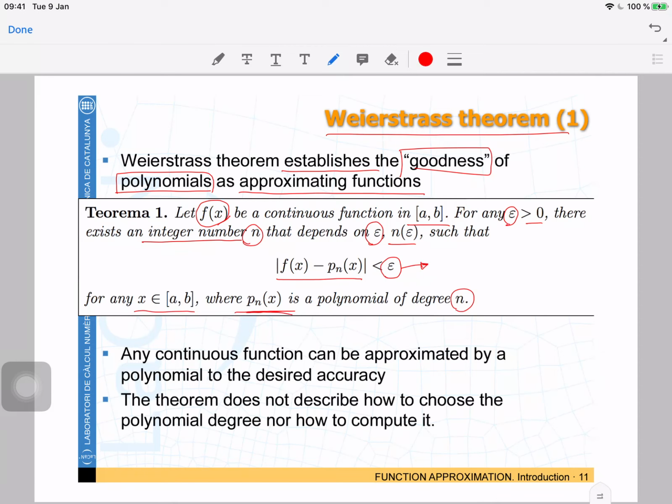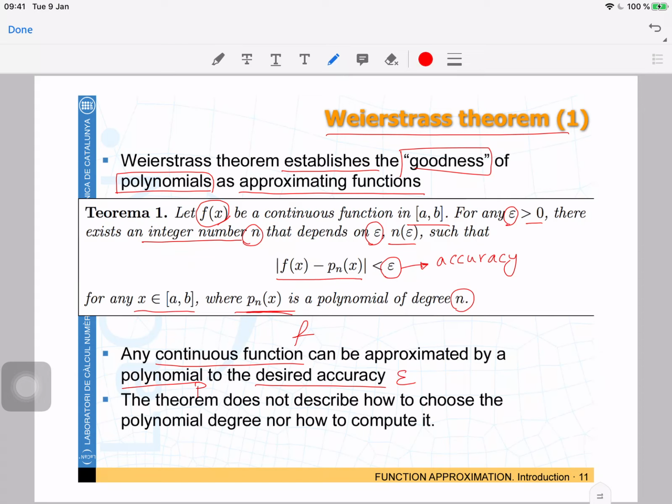Okay, so this epsilon we can call accuracy. And basically this theorem says that any continuous function f can be approximated by a polynomial p to the desired accuracy of epsilon. So by choosing a polynomial, you can reach a desired accuracy, as small as you want.